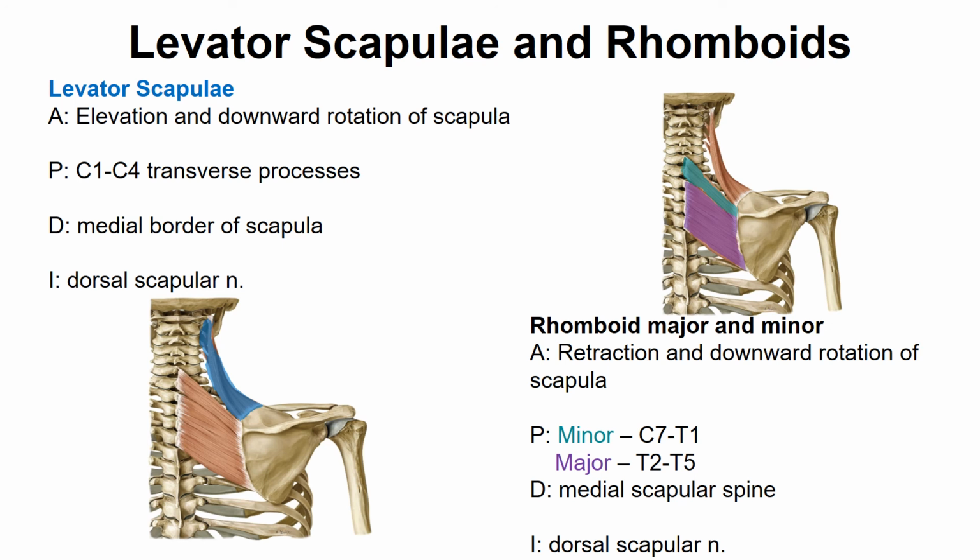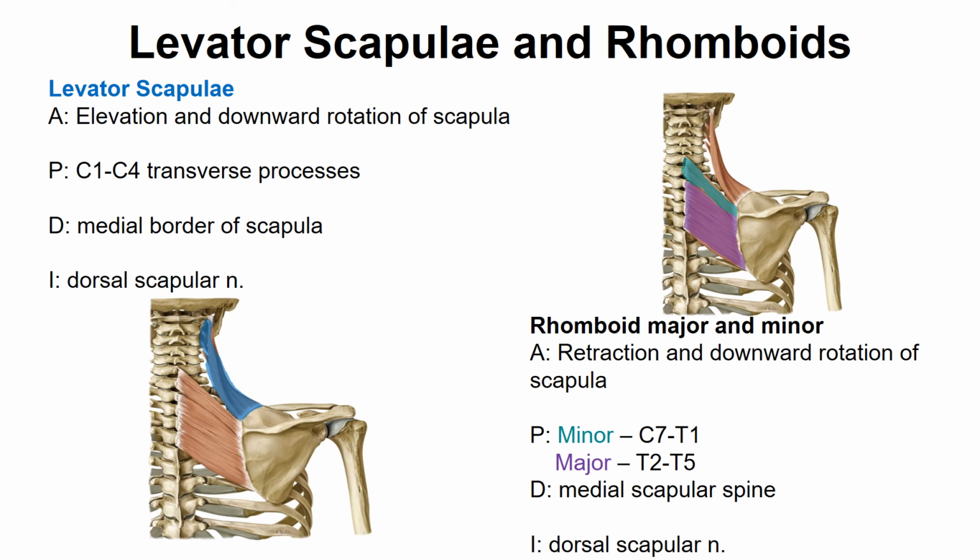On the right side of your screen, we have the rhomboid major and minor, while the major is going to be the more inferior of the two muscles, and the minor is going to be the superior, smaller of the two. Sometimes in lab, these do not have a clear distinction, and we can find where it looks like there's a natural split and make that distinction.